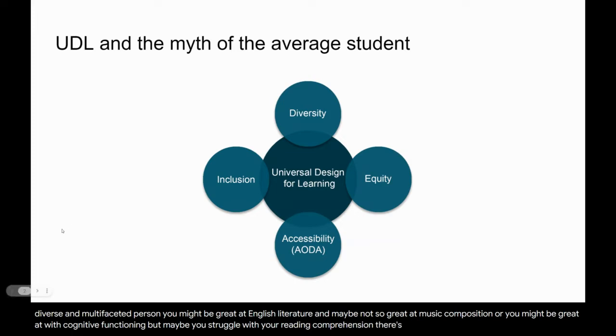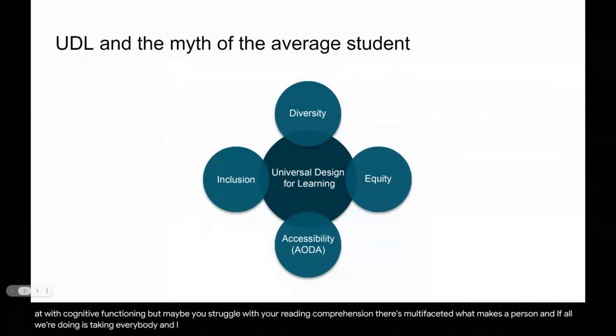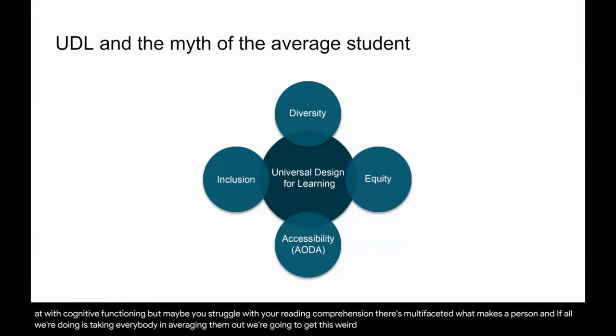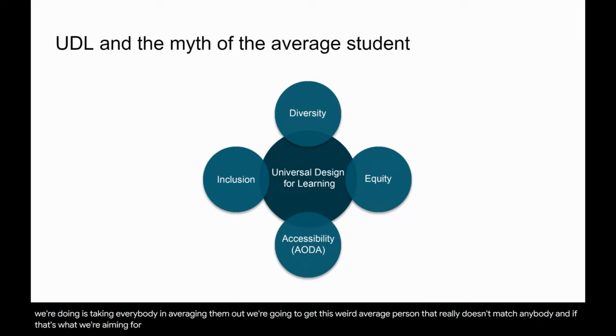There's multifacets to what makes a person. And if all we're doing is taking everybody and averaging them out, we're going to get this weird average person that really doesn't match anybody. And if that's what we're aiming for, we're not going to make learning that's good for, well, really anyone.